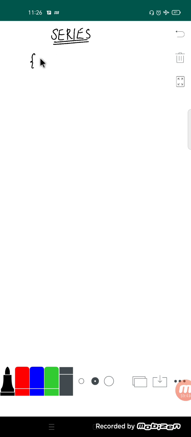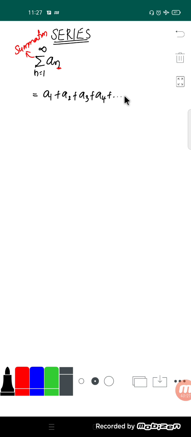We are given a set of numbers. A series is given like this: summation of an, where n goes from 1 to infinity. This is the symbol of summation, and this is the general term. So a series is nothing but a sum of infinitely many terms: a1 plus a2 plus a3 plus a4 and so on.